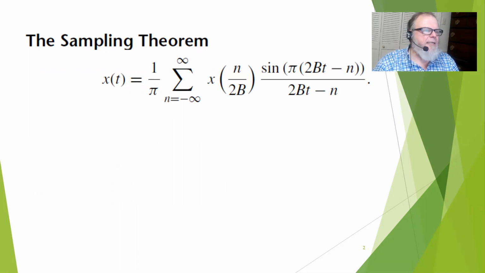It says that we take a signal and we can sample the signal at individual samples, then multiply them by a sinc function, and we can interpolate them to get the original signal back. Not to a good approximation, but in the spirit of the sampling theorem, exactly. And that's frankly incredible if you think about it.